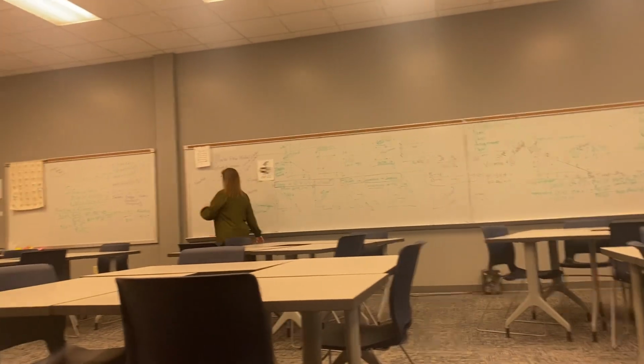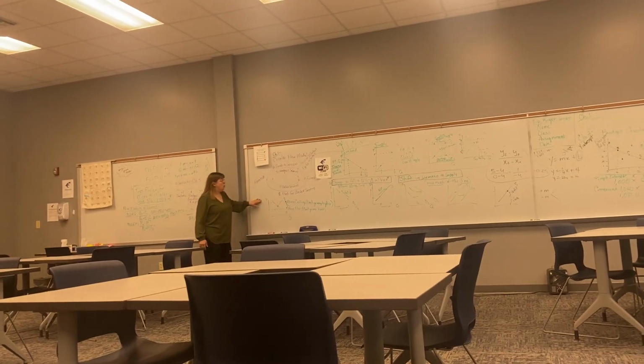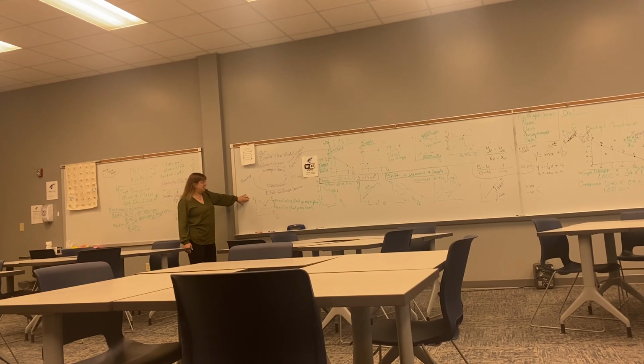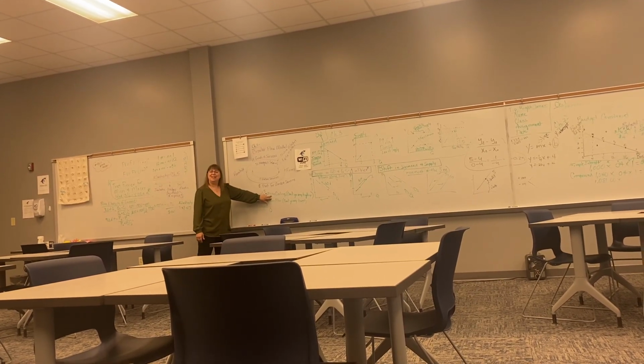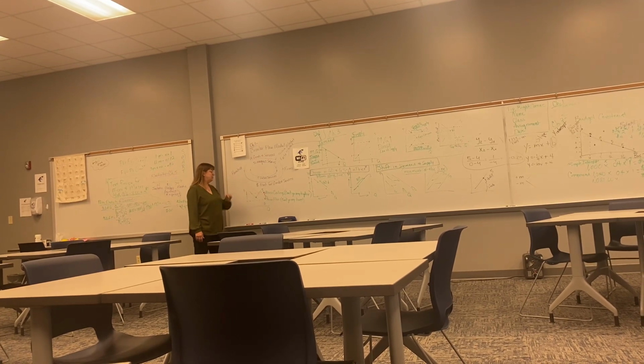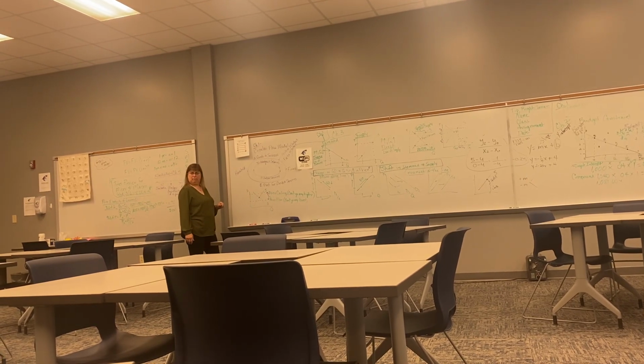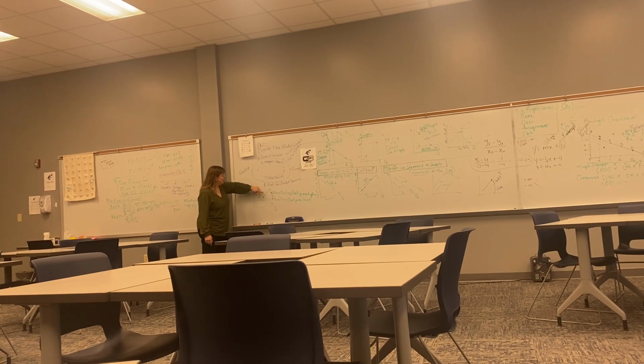If we look over here, we also talked about price ceilings and price floors, and I noticed that I had these descriptions switched around, so I wanted to correct that.